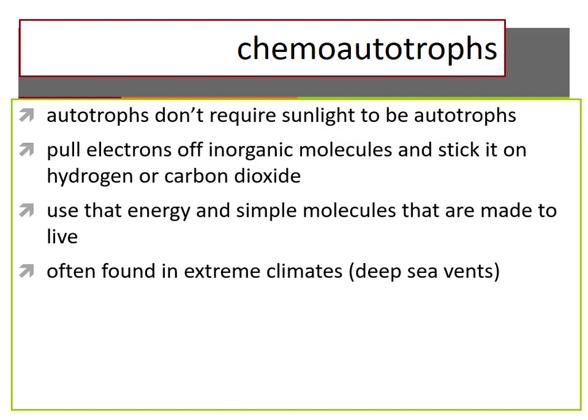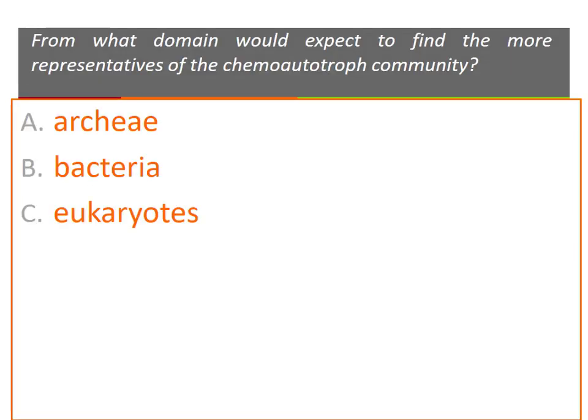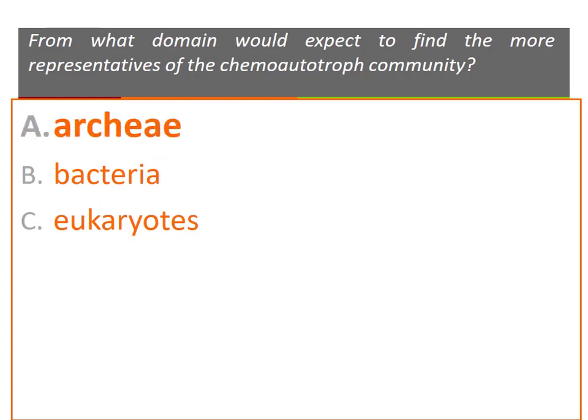These guys are going to be found in really extreme climates where sunlight isn't available, like deep sea vents. So where do you suppose you might find representatives of this chemoautotroph group? Right, you got it.